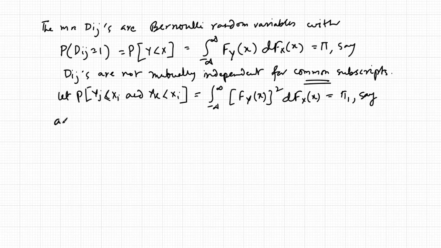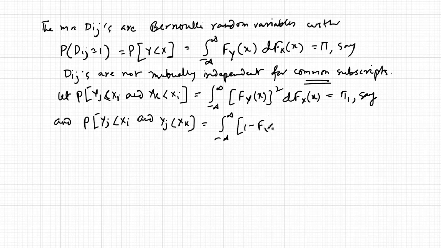And probability Yj less than Xi and Yj less than Xk is equal to the integral from minus infinity to plus infinity of (1 minus F_X(y)) whole square dF_Y(y), equal to pi 2.